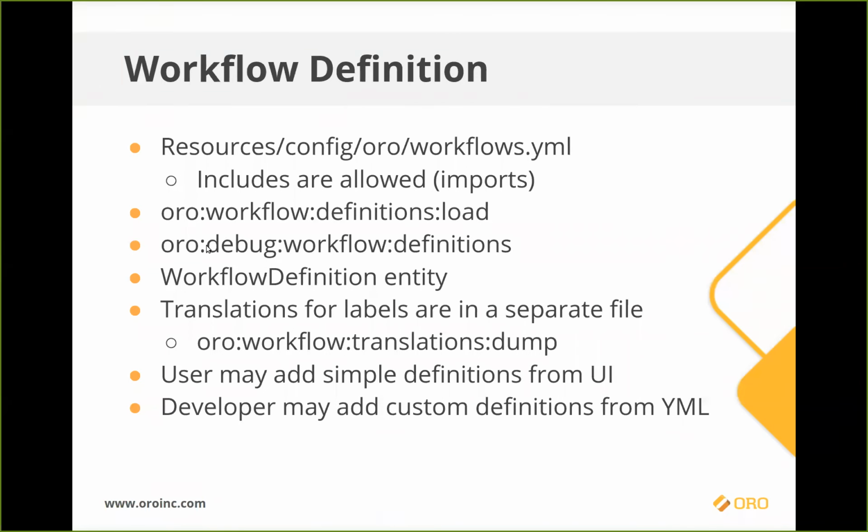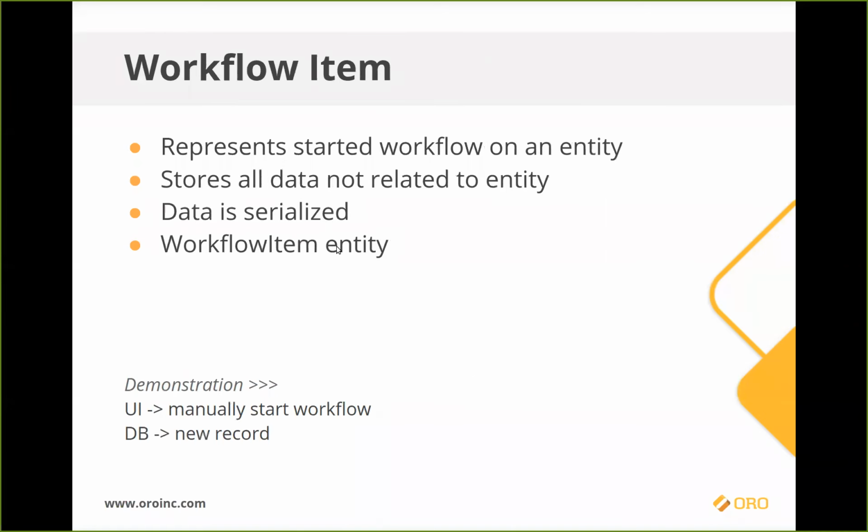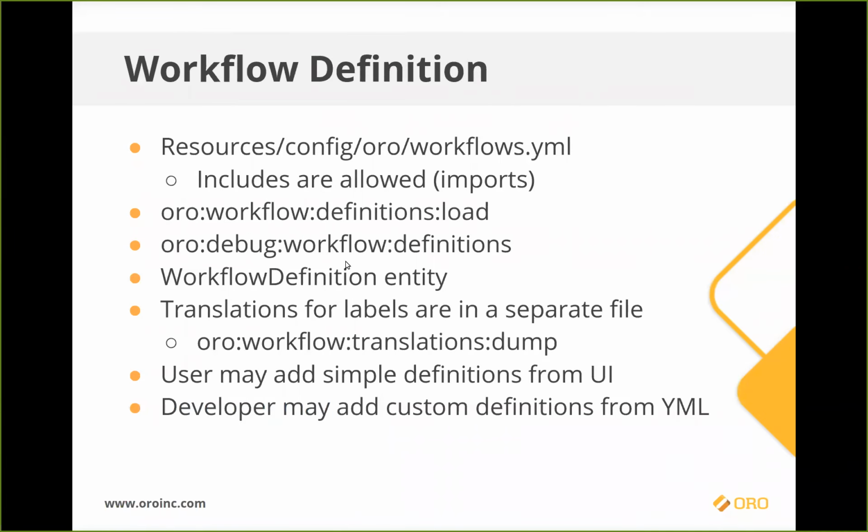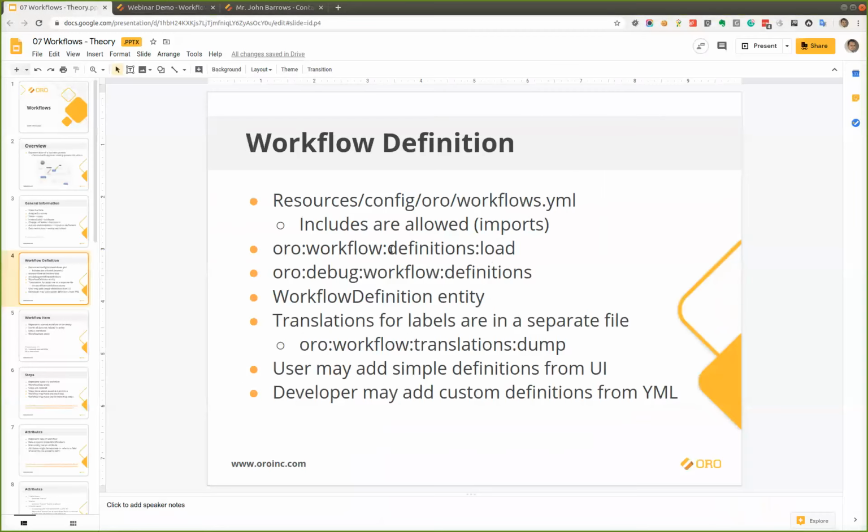Then we also have our oro:workflow:debug:workflow-definitions command. This can be useful in a few cases. First of all, we can check what definition is generated for the workflow we've done from the UI. So let's run this command.